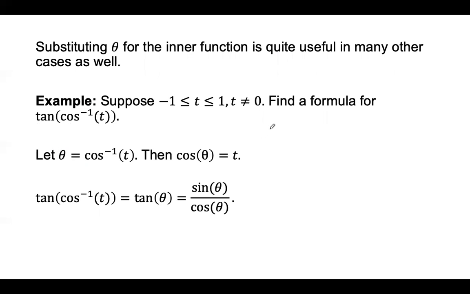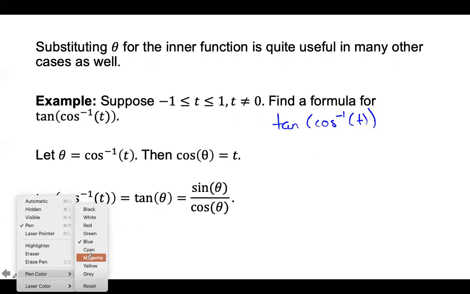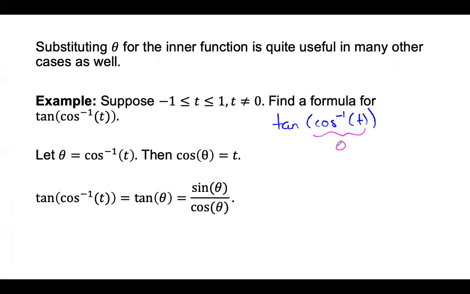So we're going to do that same idea, essentially, where we're going to take tan of cos inverse of t. And this part, of course, we're going to say is equal to theta, and then we're going to solve. So this implies cos inverse of t is equal to theta, so cos of theta is equal to t.